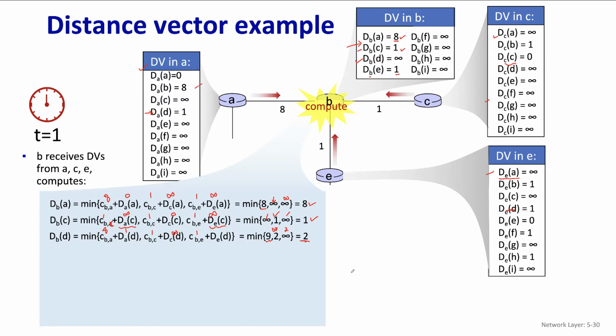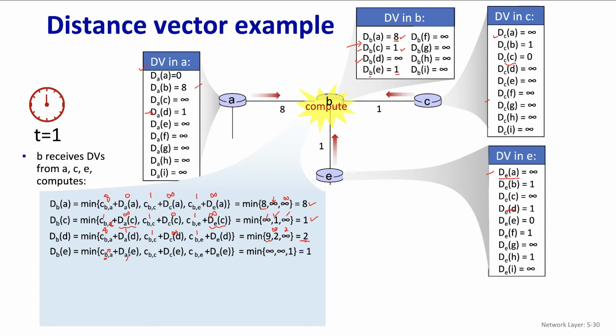So one thing to notice here is how to read all this information. Anytime this is the source, it tells you the start point of your distance vector. So here the distance vector from B to A is 8, right?